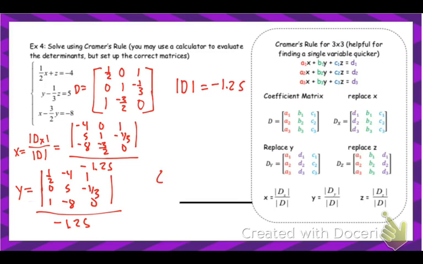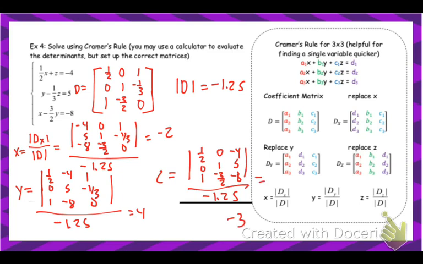And then to get my z, I would evaluate that last determinant, replace that last column with those values, evaluate that determinant, and divide by that -1.25. When we finish this up, we'll end up with x equals -2, y equals 4, and z equals -3.